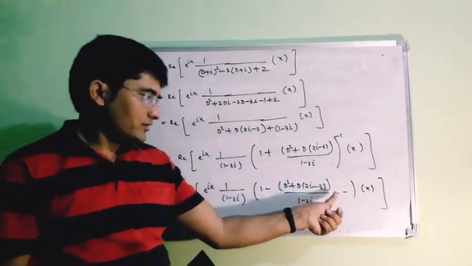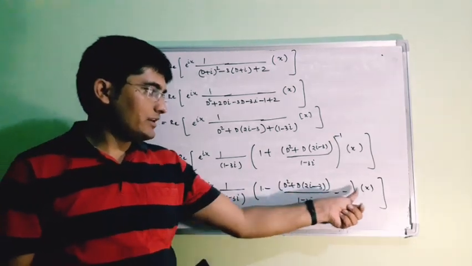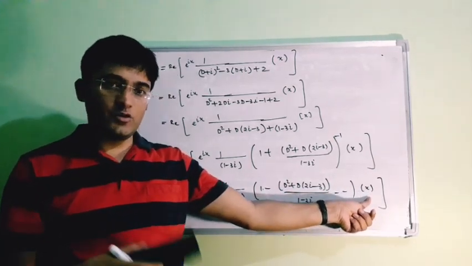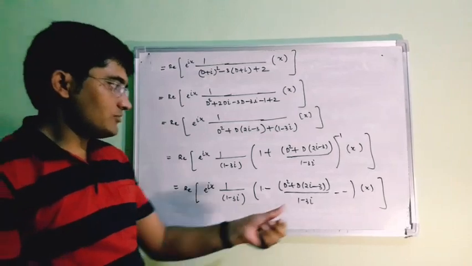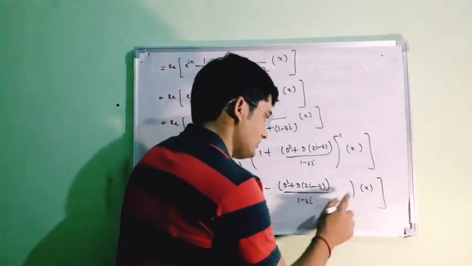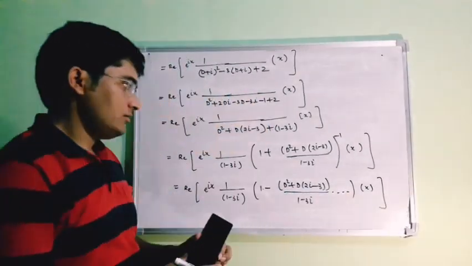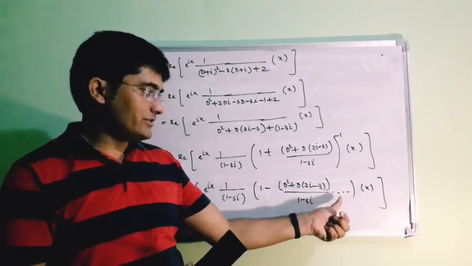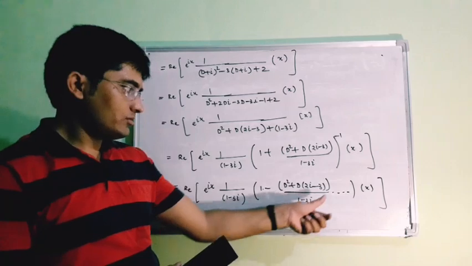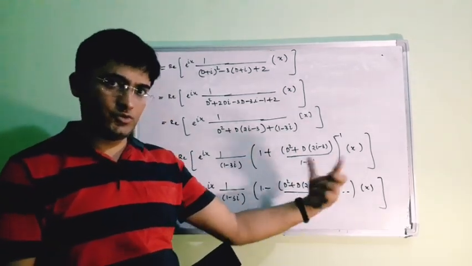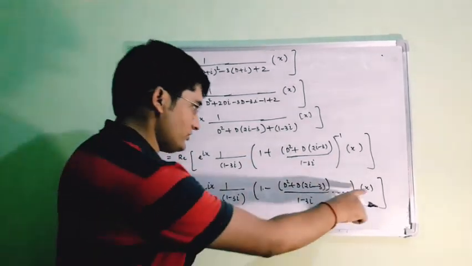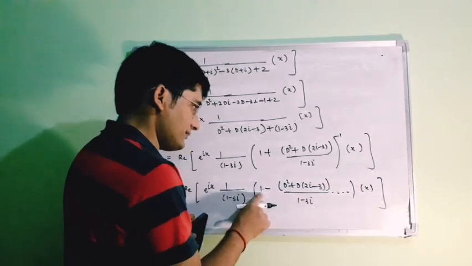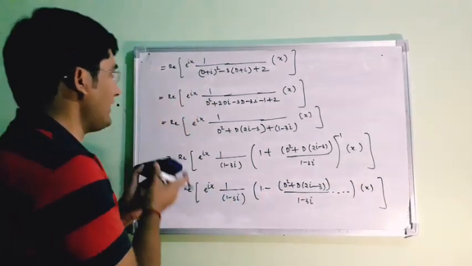I'm not taking the higher terms because we know that the double derivative of x is 0. So our second derivative term will be 0. So the third and fourth term will be 0. Now if you send this x inside the bracket, then here we will have x.